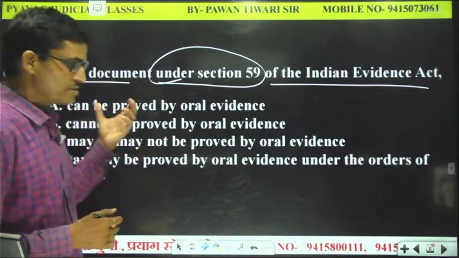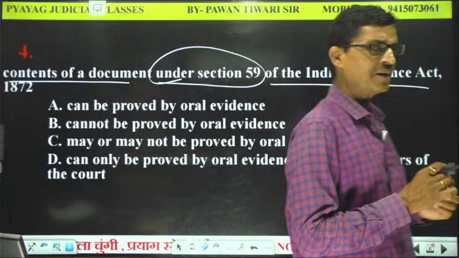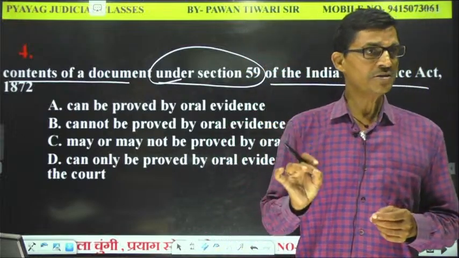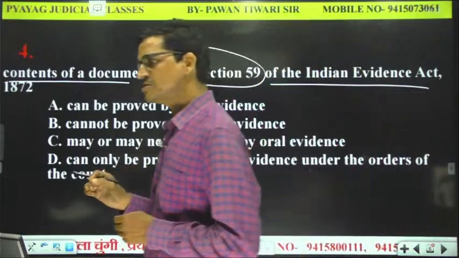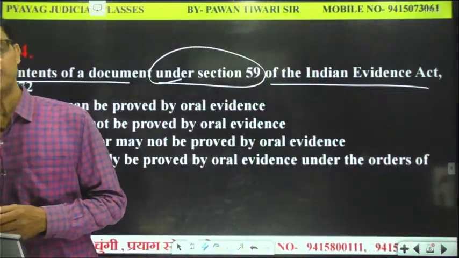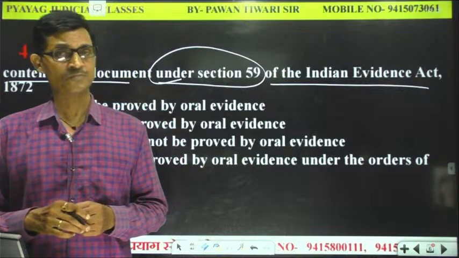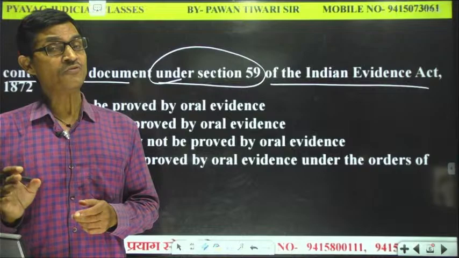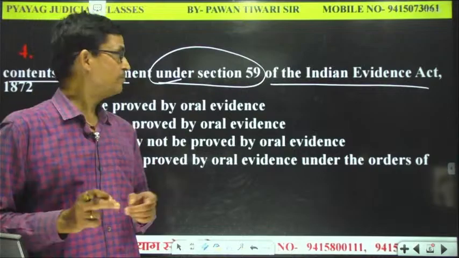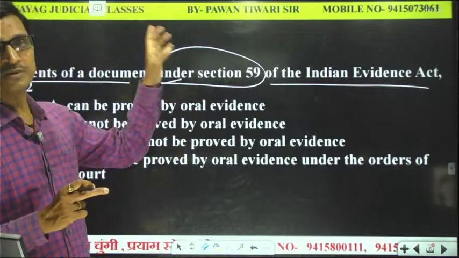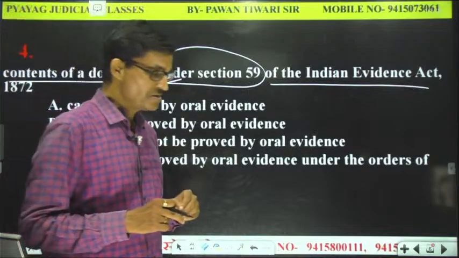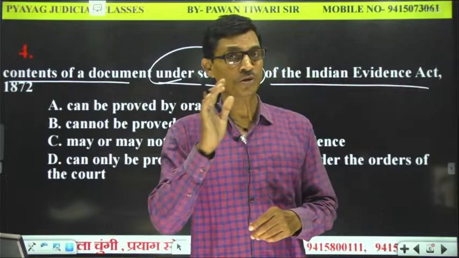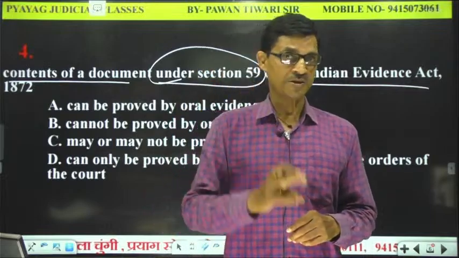Section 59 says that oral evidence can be produced as an evidence to prove any fact except contents of the document. It means contents of the document cannot be proved by oral evidence.